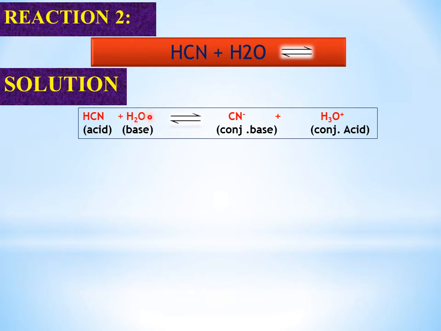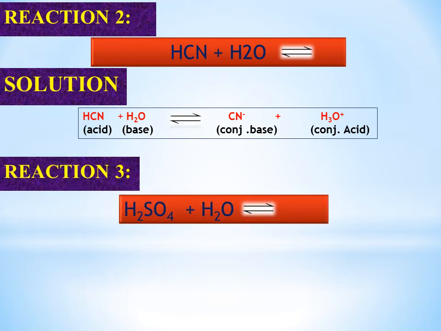So now when this electron pair accepts this proton, it will form hydronium ion and this will act as the conjugate acid. And the left molecule is the cyanide ion, because it got negatively charged, so this will be treated as a conjugate base. Okay, so now let's go to reaction number 3.